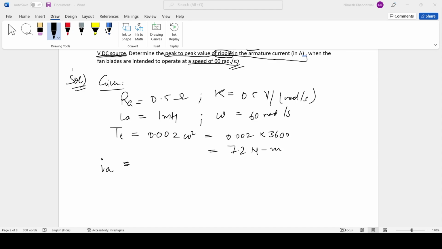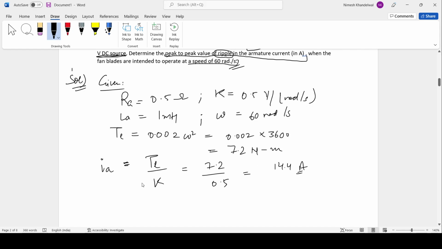And we know that armature current is given by this, because both the Ks are the same for a DC motor. So this is your 7.2 over 0.5. That gives me 14.4 amps of armature current.